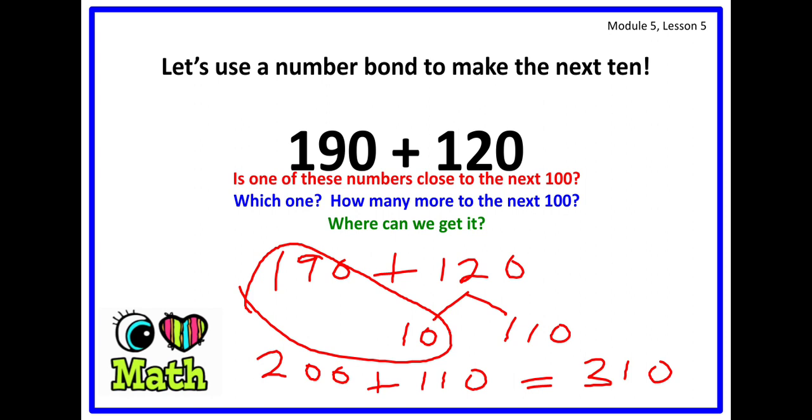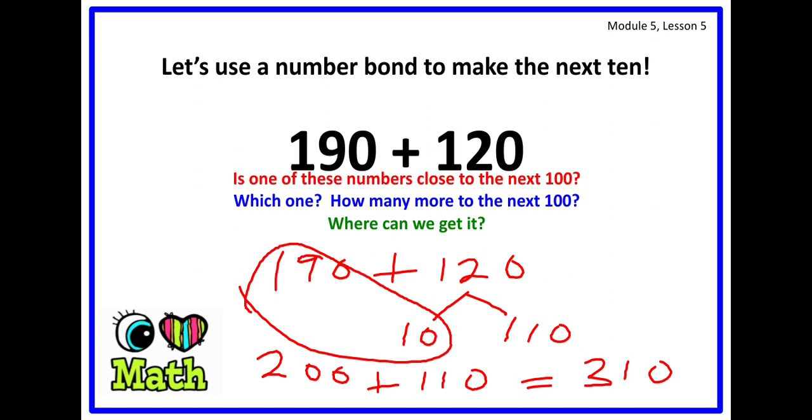Alright, let's use our number bond now. We are adding 190 plus 120. Is one of these numbers close to the next 10, next 100? Yes. 190 is close to the next 100. 190 just needs 10 more to meet the next 100.